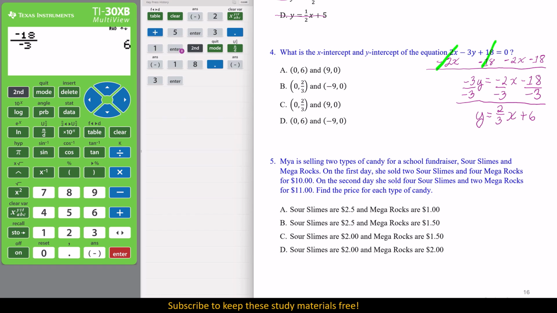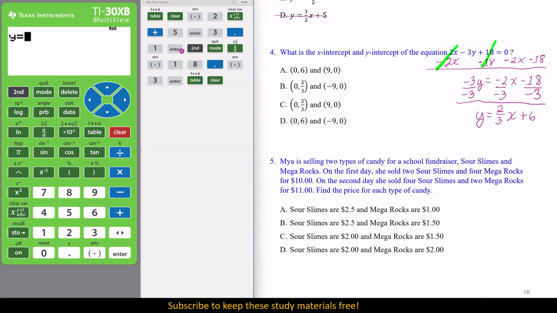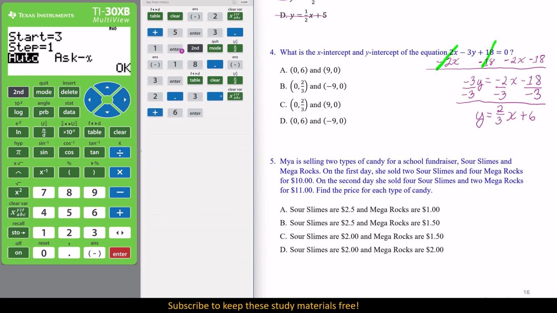Okay. Now, we need to put what we have created into the calculator under the table. So clear that out. And I see fraction 2 over 3, arrow over, x, and then plus 6, enter. Well, where do we need to begin? At 0, I would say.